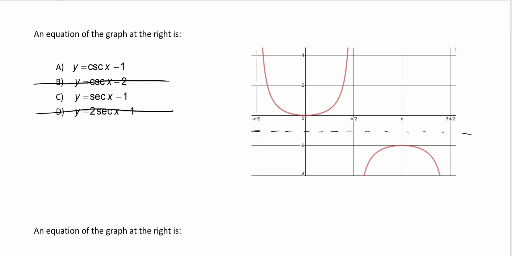So really, I've narrowed it down to, is it a cosecant graph or a secant graph? And basically, if you just sketch it with a graph here, you know it's touching it here and it's touching it here. So the graph is going to go like this and like that.